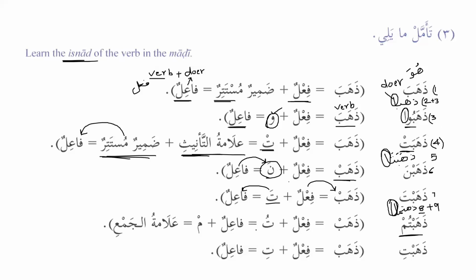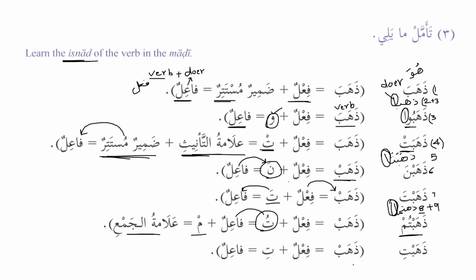So in here we can see that tu is the doer, and meem is alamatul jama', which is used for all. So dhahabtum, you all went. Here tu is the doer, and meem is alamatul jama'. And then we have dhahabti, yani anti dhahabti.